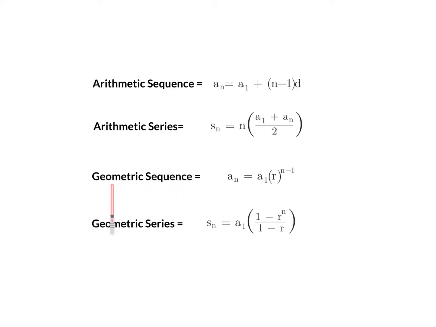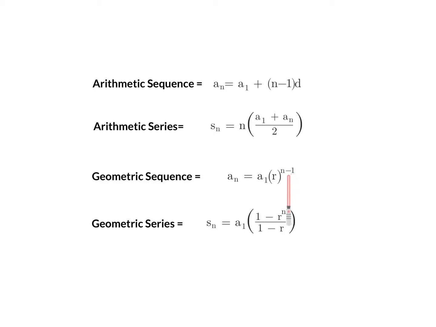Now when it comes to geometric, remember the difference between arithmetic and geometric: arithmetic we're adding every single time, geometric we're multiplying or dividing every single time. So a geometric sequence is a of n, the last term of the sequence, equaling a1, the first term, times r, which is the rate, raised to the n minus 1th power.